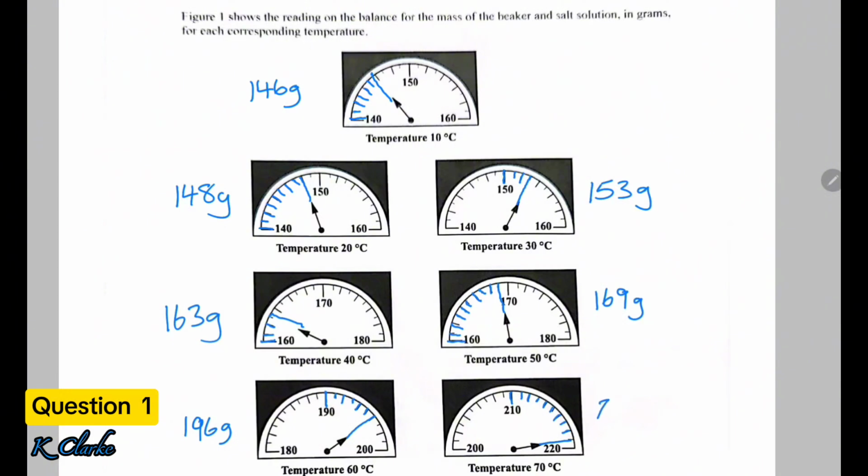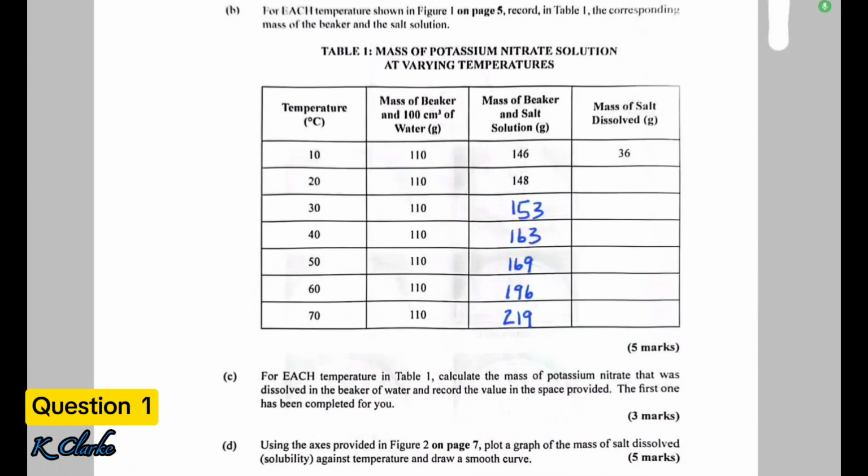So at 70 degrees Celsius, the mass of the beaker and the salt solution is 219 grams. Now we're going to add this data to the table on page 6. Completed B. Now we're going to move on to C.